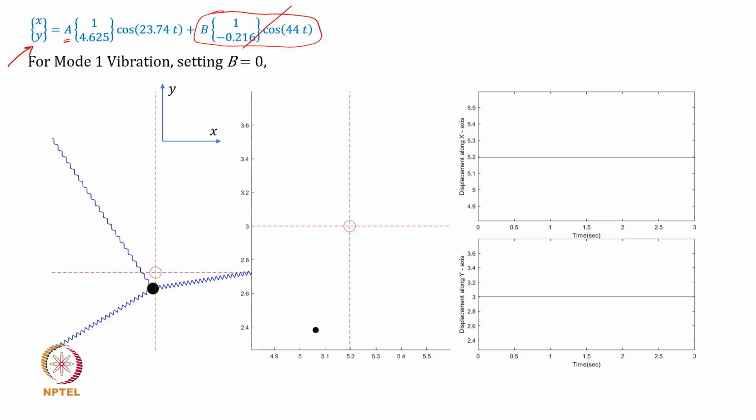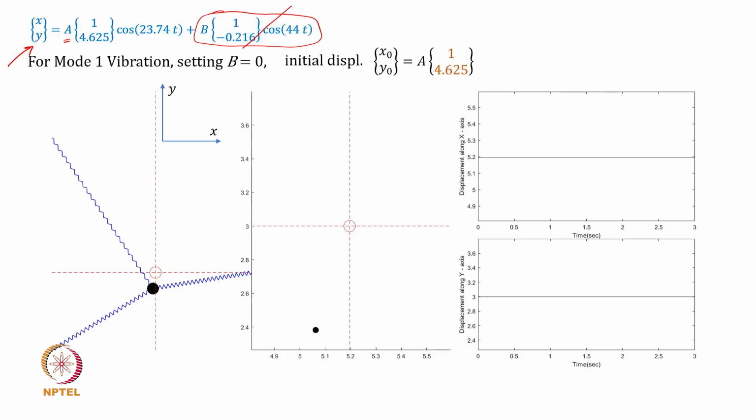To ensure that I have only first mode vibration, that means the vibratory motion is executed in pure mode 1 fashion, which means that the mass vibrates at its first or fundamental natural frequency, executing mode 1 vibration, with no contribution from the second frequency. I will have to set the second term equal to 0, which can be done by setting b equal to 0, and I can use an appropriate value of a.